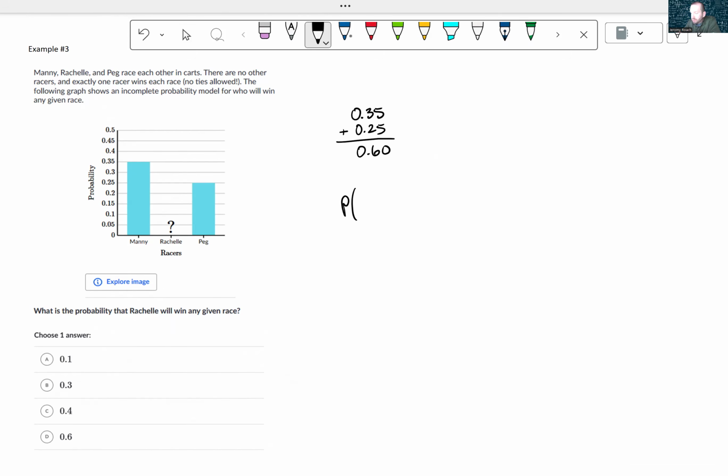The probability that Rachel wins, we use the complement rule, is 1 minus 0.60, which is equal to 0.40. And the probability rule that all probabilities must add up to 1.0 is also written like this: the sum of probability of x is equal to 1.0. That's a sigma notation for sum. So the probability that Rachel wins is 0.4.